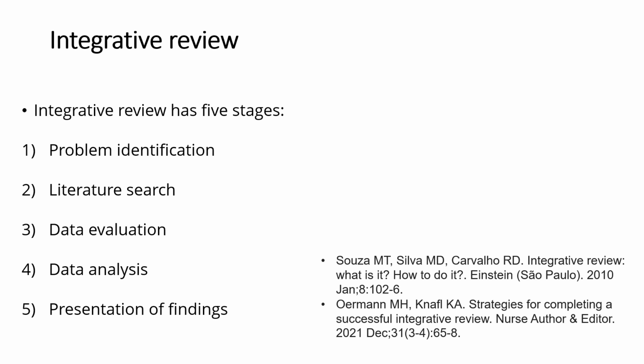Therefore, the aim of an integrative review is to provide a comprehensive understanding of a topic. Some types of reviews, such as systematic reviews or qualitative synthesis, are limited to empirical studies using specific research designs. However, an integrative review includes any type of article, including empirical and theoretical literature, and studies based on varied research designs.